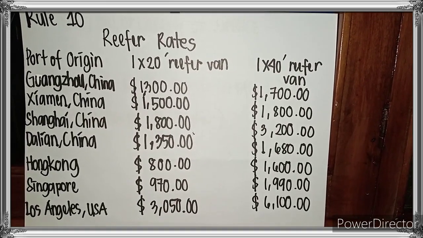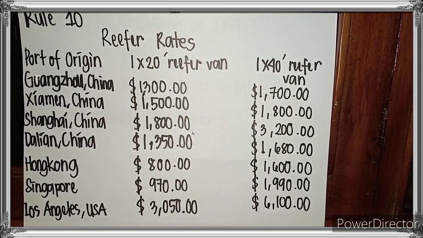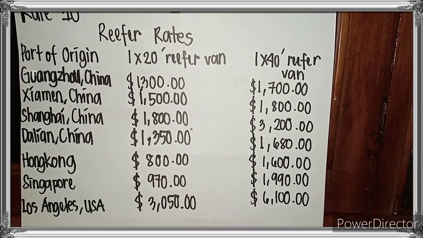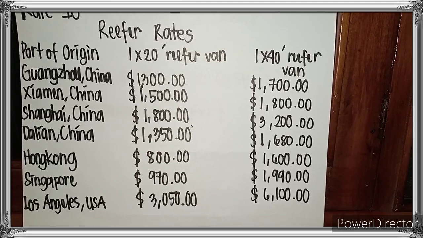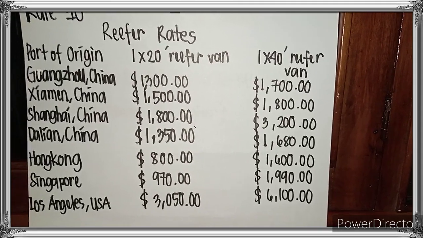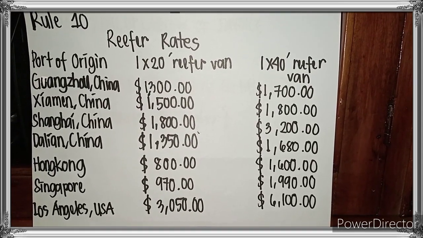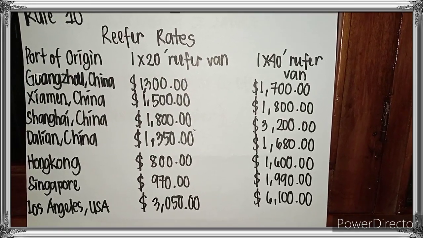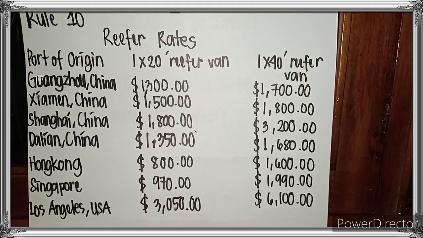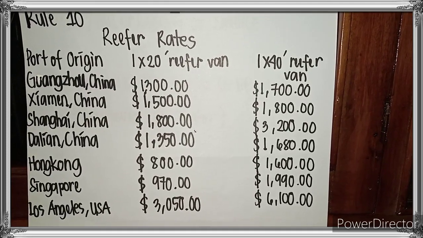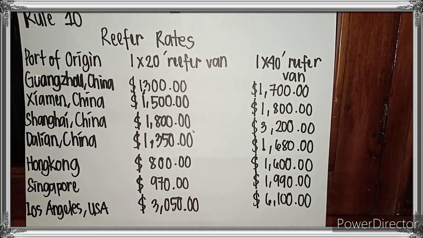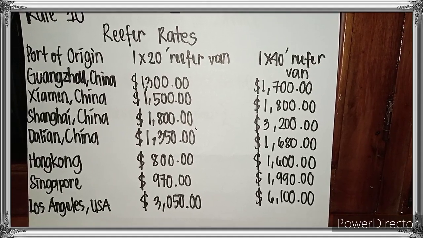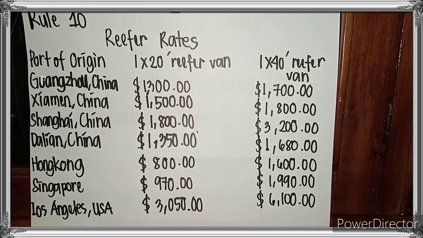As you can see, there are reefer rates according to the port of origin and the reefer van they use. From the port of origin, we have here Guangzhou, China, and for the 1x20 reefer van, we have the value of $1,300, and for the 1x40 reefer van, we have $1,700.